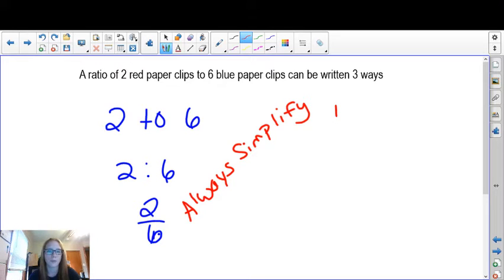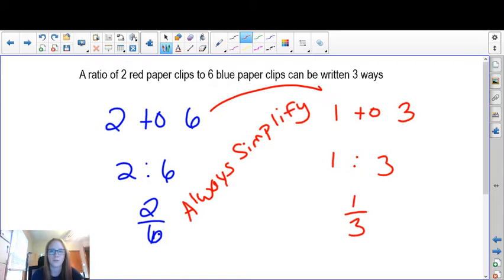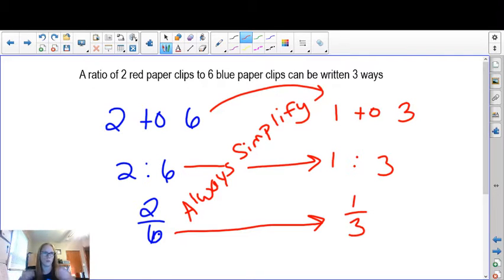We can divide both by 2. So 2 divided by 2 is 1. 6 divided by 2 is 3. And since that is the same exact numbers, it works for one of them. I don't have to reinvent the wheel. I know I've divided it out here, so it'll stay consistent here and here.